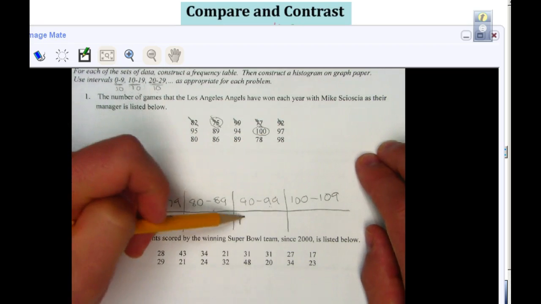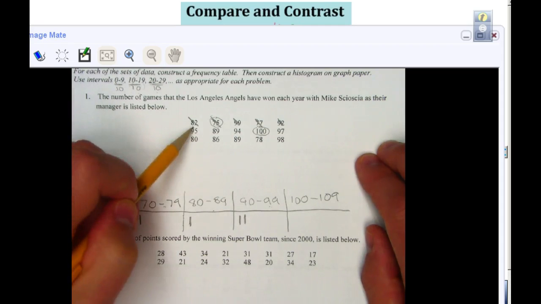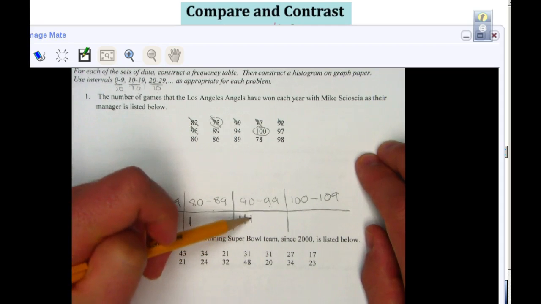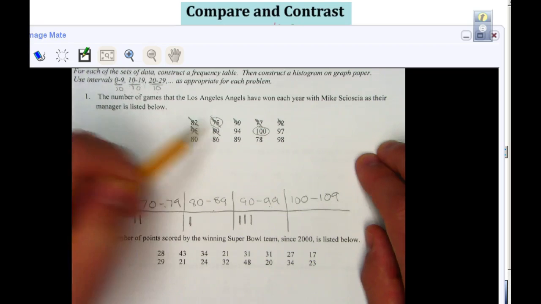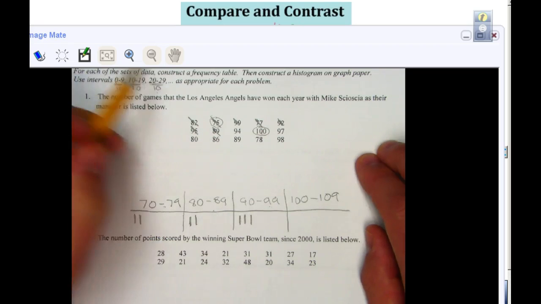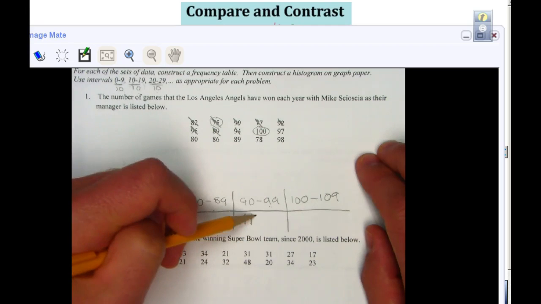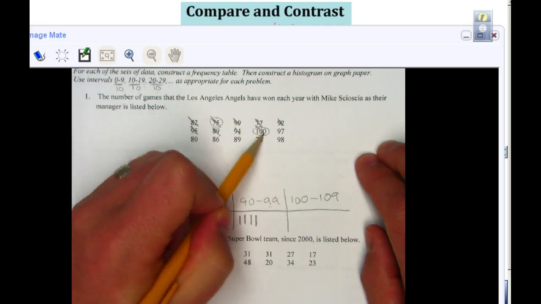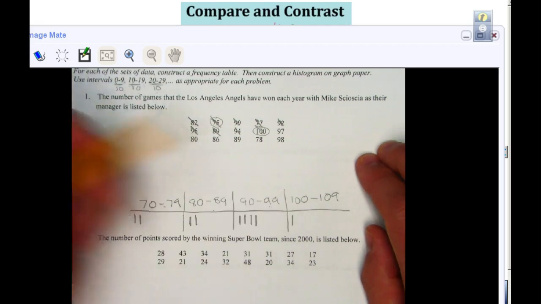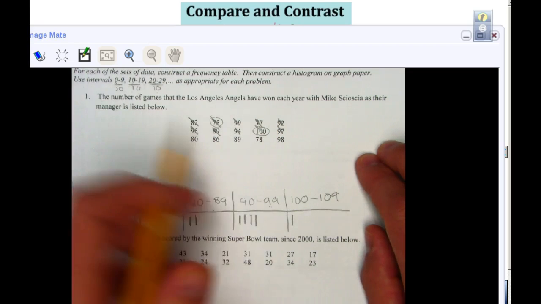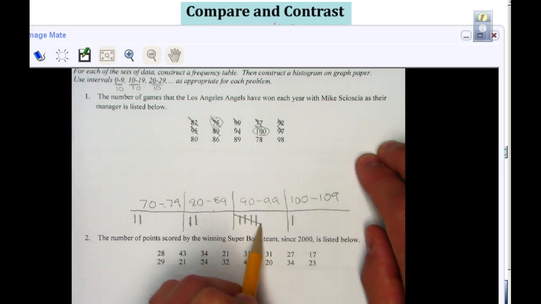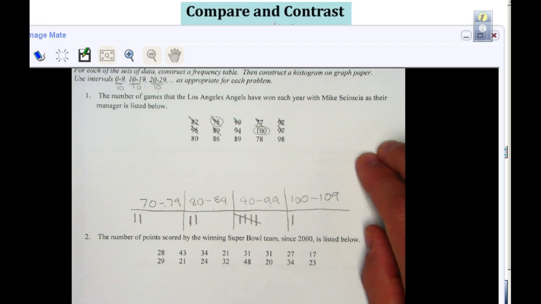92, 95, 89, 94, 100, 97. Now, the fifth count, you usually put a slash across the first 4, and that's a group of 5.